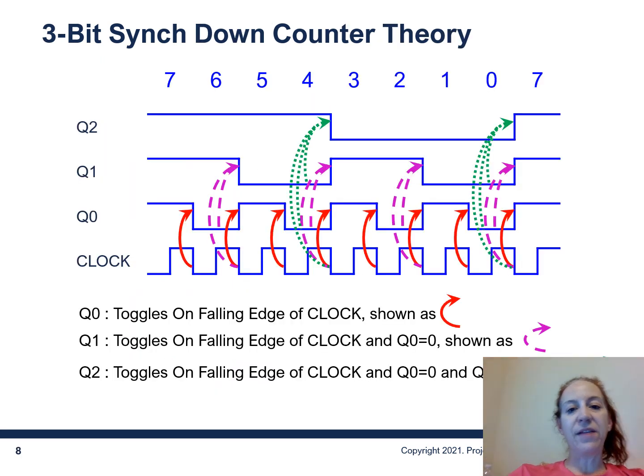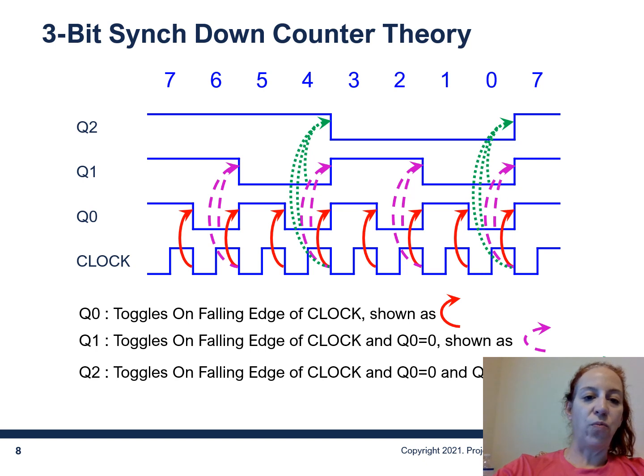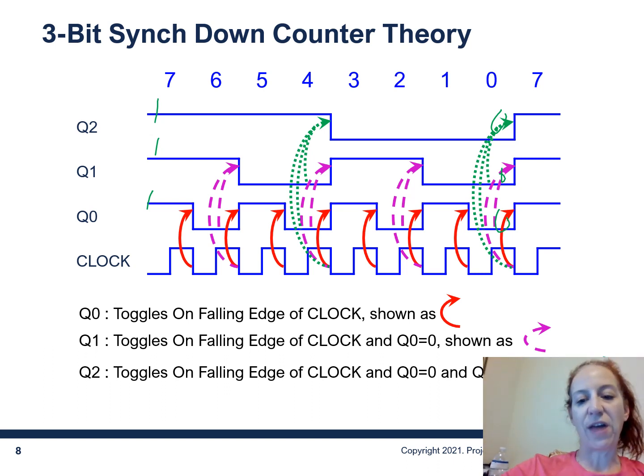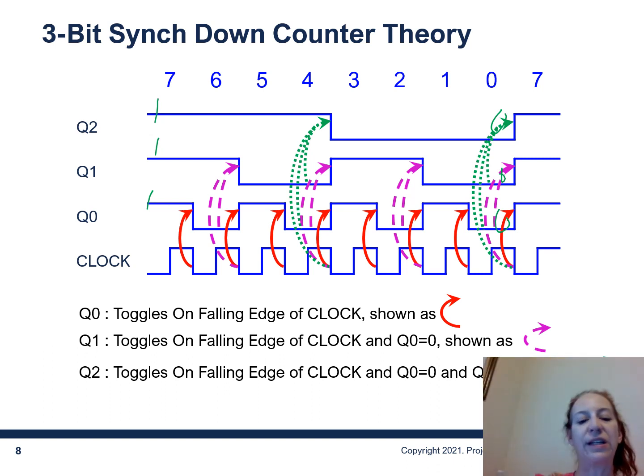Okay, and then this is our down counter theory. We're starting at 1, 1, 1 and counting down to 0, 0, 0, which you can see underneath all that animation there. The second half of this lesson can go a lot faster because it's the same thing, except now you're counting down instead of up.